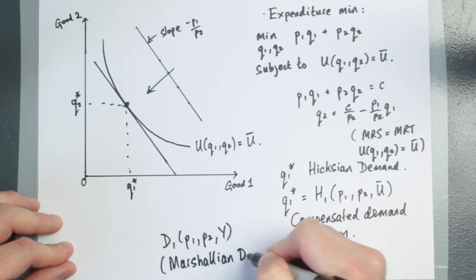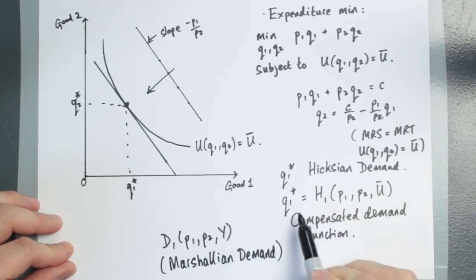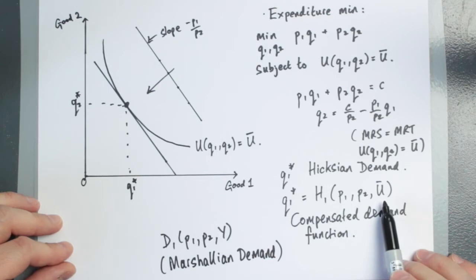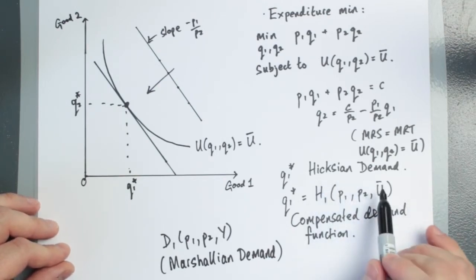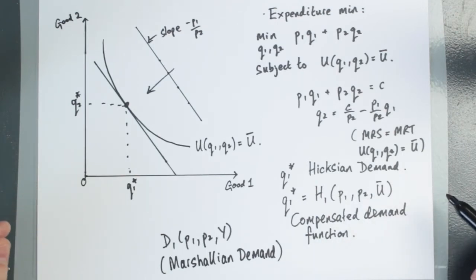So sometimes the demand that we've seen so far is called Marshallian demand, and this Q1 star as a function of P1, P2, and the target level of utility U bar is called the Hicksian demand, or sometimes called the compensated demand function.